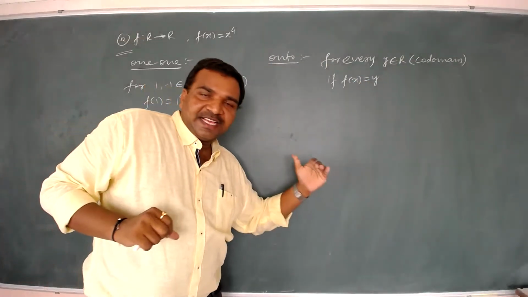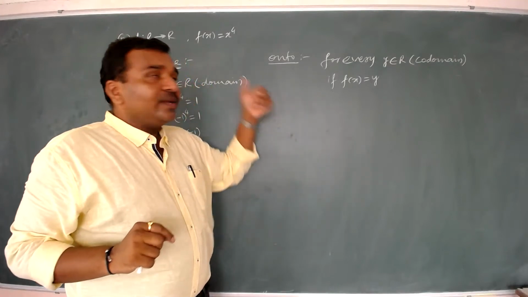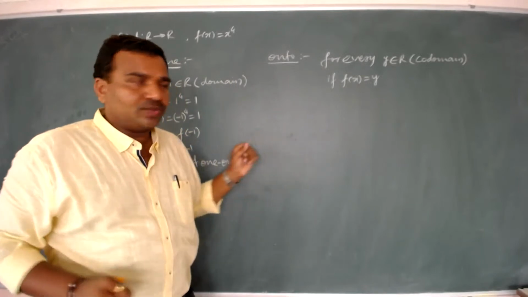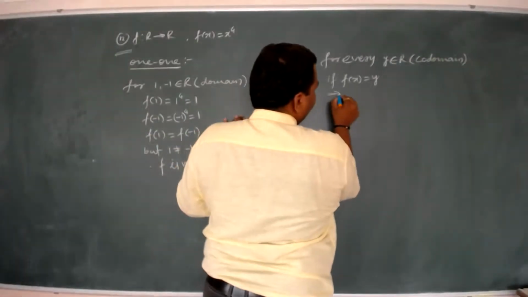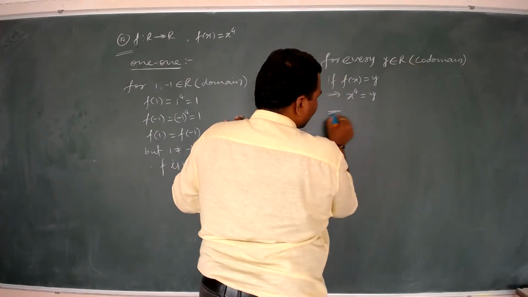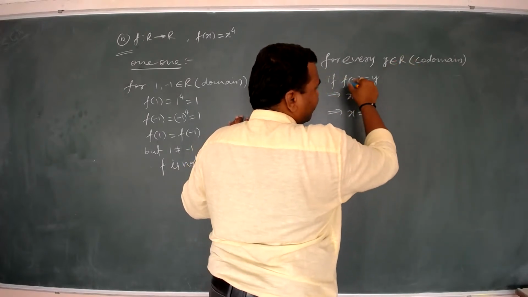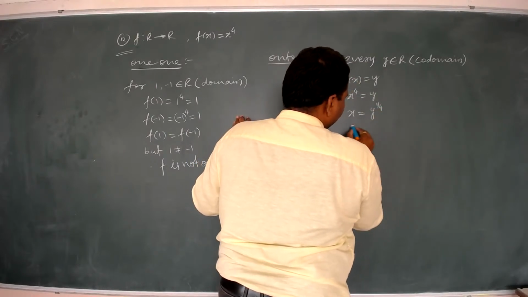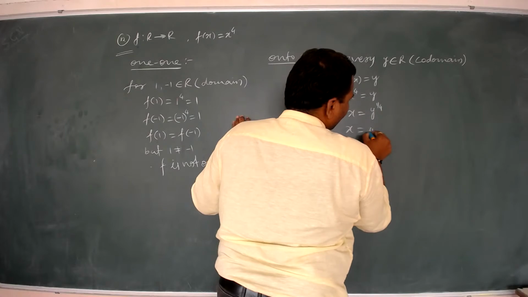Now we will calculate the x value. If that x value belongs to the domain, then we can say it is onto. Otherwise, it is not onto. What is f of x now? x to the power of 4, which is equal to y. So what is x now? Power 4 changes to y power 1 by 4, or we can write x equal to the 4th root of y.